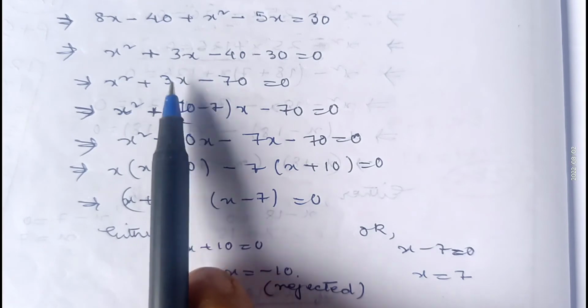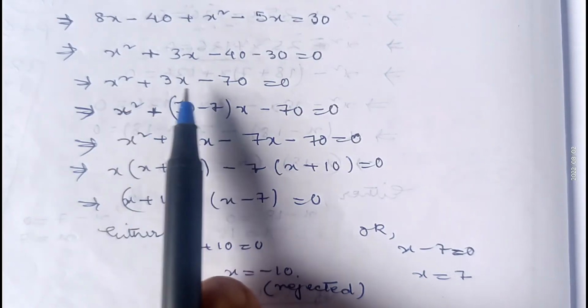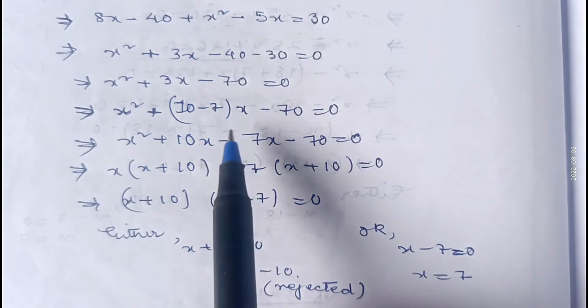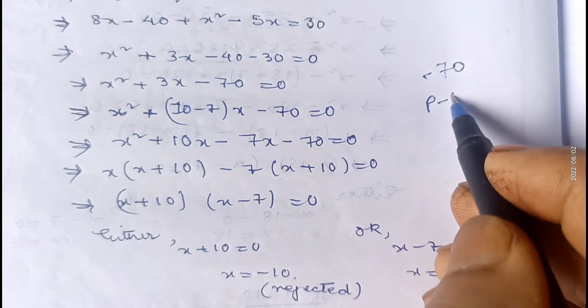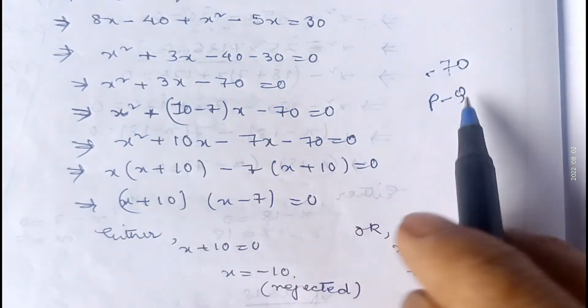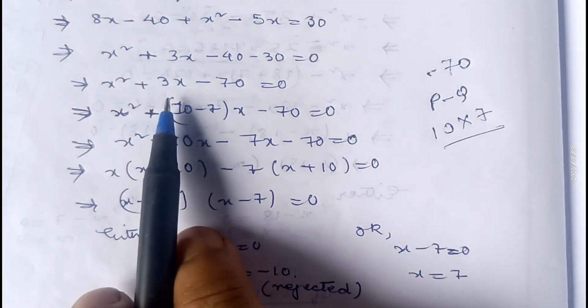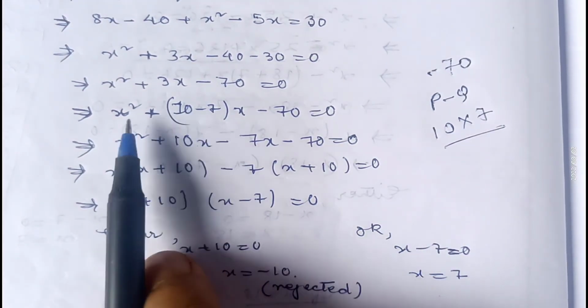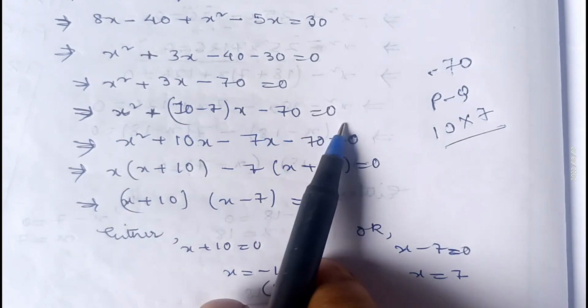So x square plus 3x minus 70 equals 0. Here 1 into minus 70 will be minus 70, and since it is negative, we need two numbers whose difference should be 3. For 70 very easily we can consider 10 into 7 is 70. So instead of 3 we can consider 10 minus 7.